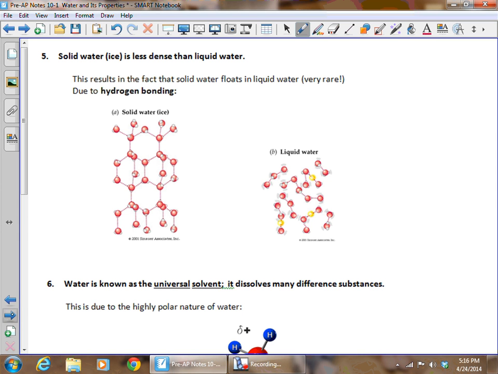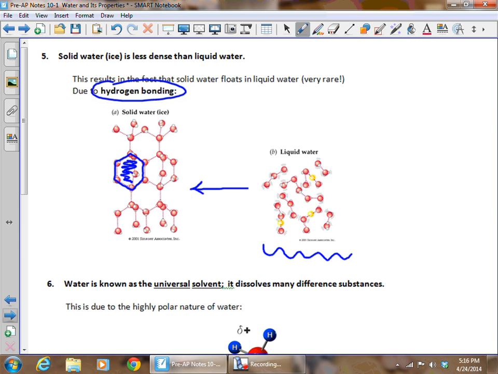But look what happens. I know by this time you can't be very surprised that hydrogen bonding is due to this. When we have liquid water, the molecules are all just kind of jumbled together. They are attracted somewhat by hydrogen bonding. That's what makes water puddle together, positives and negatives, and they're just kind of flowing around each other. But when the water starts to freeze and cool down, the water jumps into these rigid 6-sided structures, and those 6-sided 3-dimensional crystal structures have a lot of empty space in between.